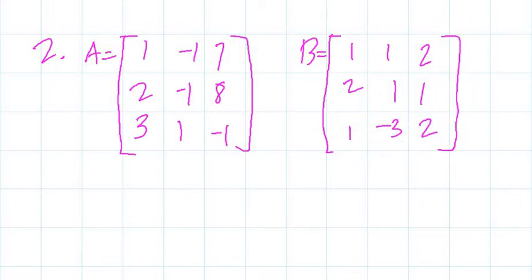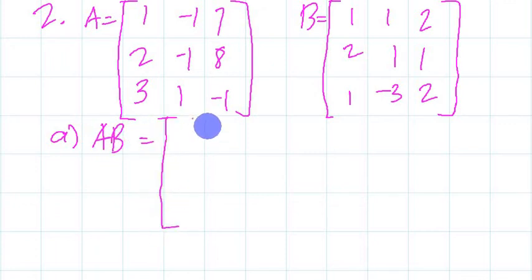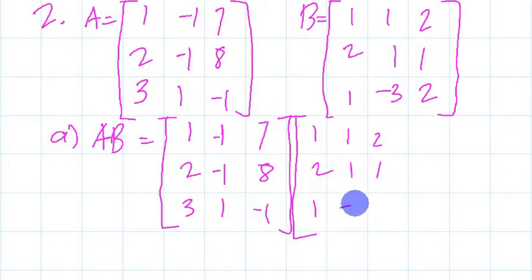So first, let's look for AB. So we'll write AB here. This will actually be resulting to 1, negative 1, 7, 2, negative 1, 8, 3, 1, negative 1, side by side with 1, 1, 2, 2, 1, 1, 1, negative 3, 2. And this will be a longer process as we're going to look into a 3 by 3. Since both of them are 3 by 3 matrices, the product will also be a 3 by 3 matrix.